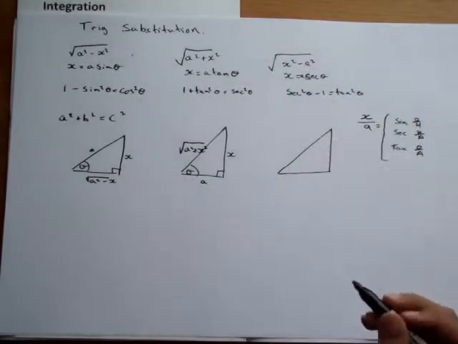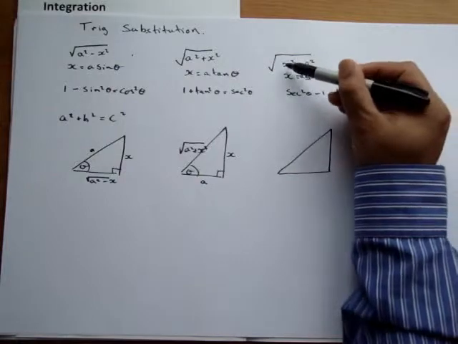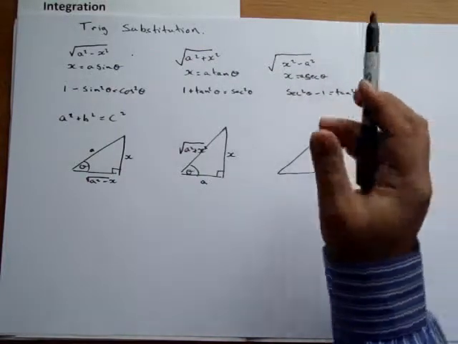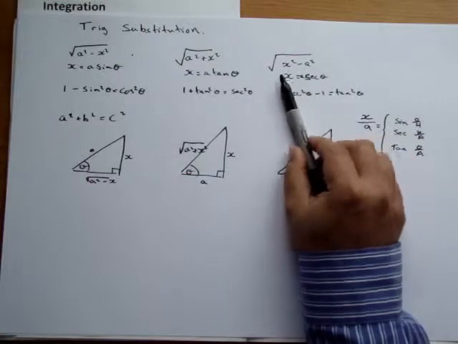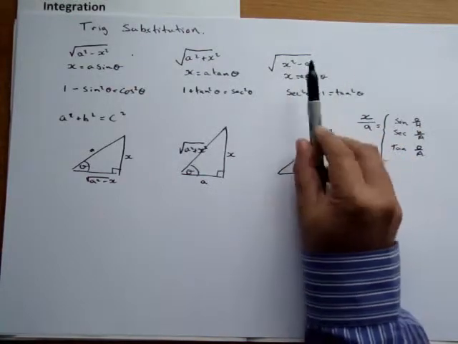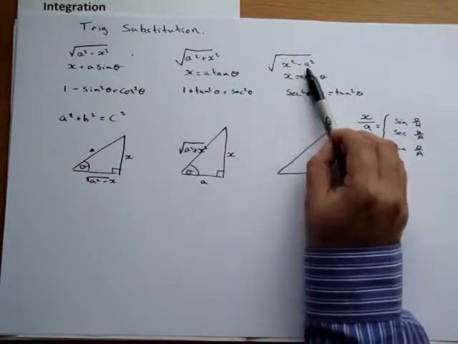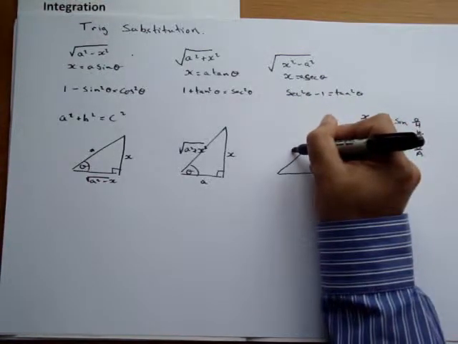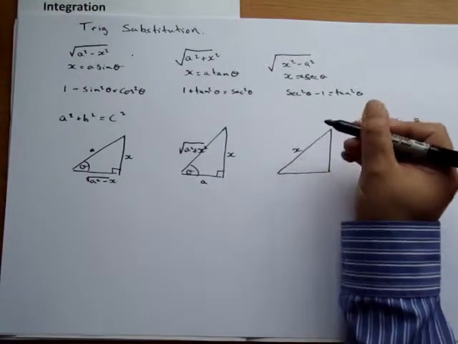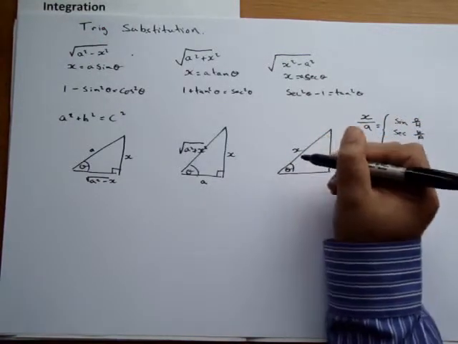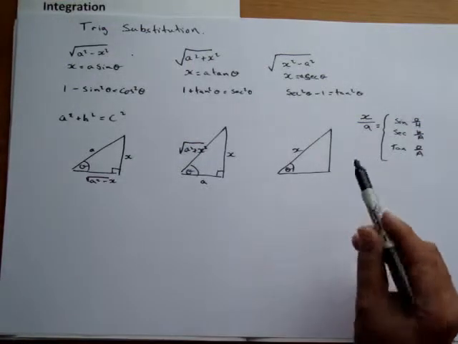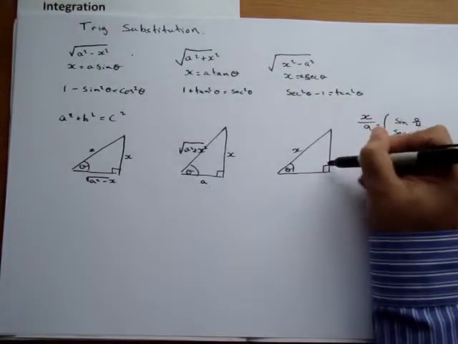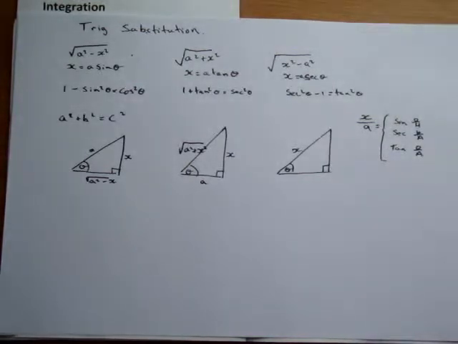In this case, looking at the equation x squared minus a squared, the hypotenuse would be x, being the larger, and this would be theta. So we have to now figure out which side would be the a and which would be the square root of x squared minus a squared.